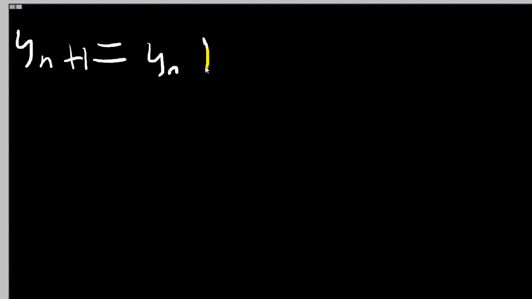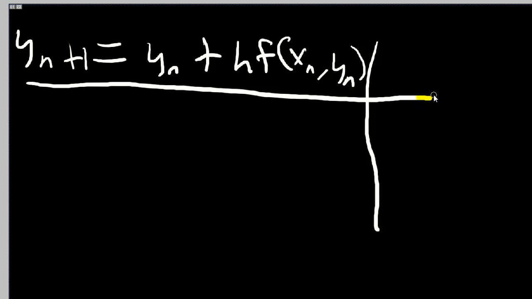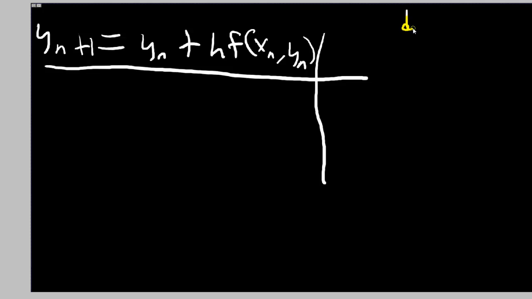So we'll just start off by writing the formula. X sub n, and so let's see, our equation is going to be dy/dx equals x plus y.